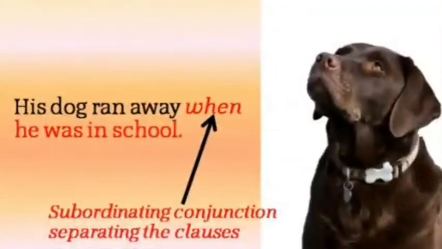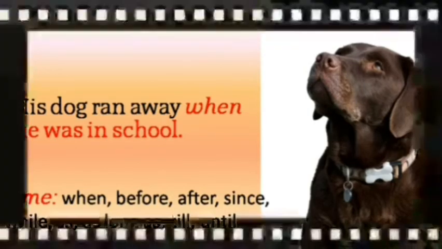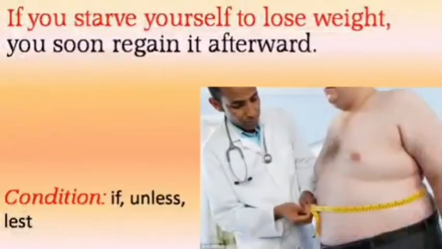His dog ran away when he was in school. Look, subordinating conjunction is separating main clause and subordinate clause. So we don't need a comma. It is stating time of an action. Adverbial clause of time start with conjunctions like when, before, after, since, till, until, as long as, etc. If you starve yourself to lose weight, you soon regain it afterward.